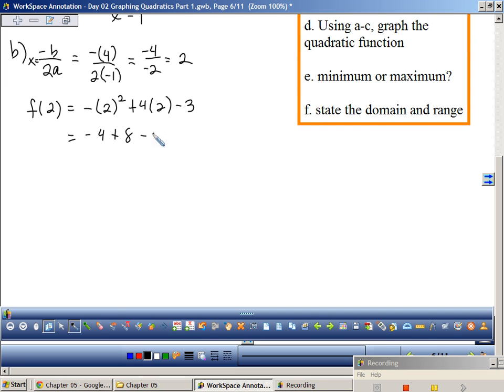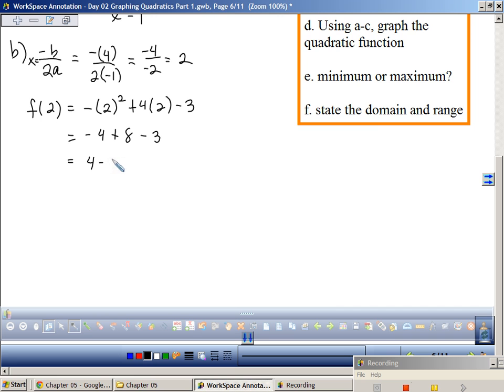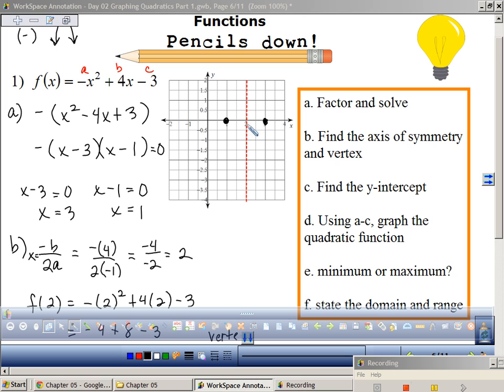Plus 8 minus 3. Negative 4 and positive 8 is positive 4. Minus 3 is 1. What did I just find? The vertex. When x is 2, y is 1. So I'm going to go back up and plot that. When x is 2, y is 1. Does that make sense?